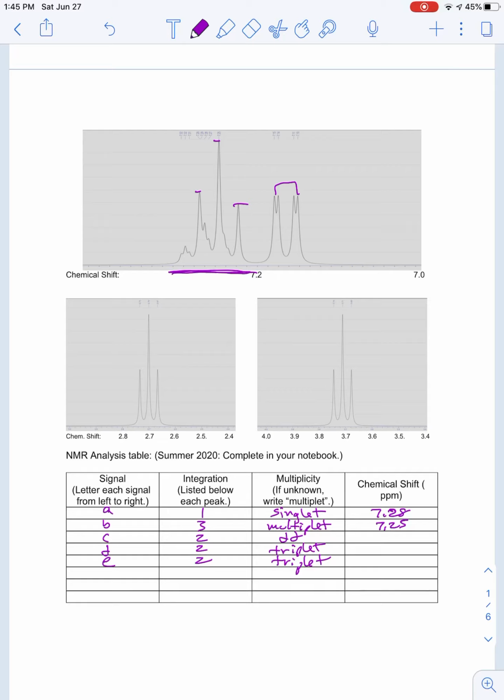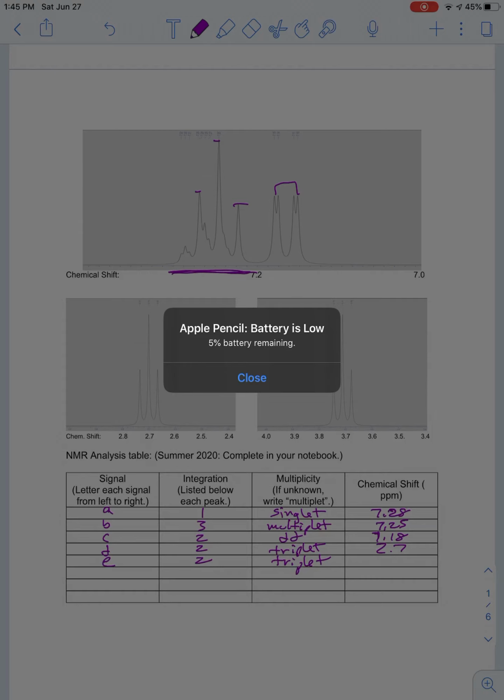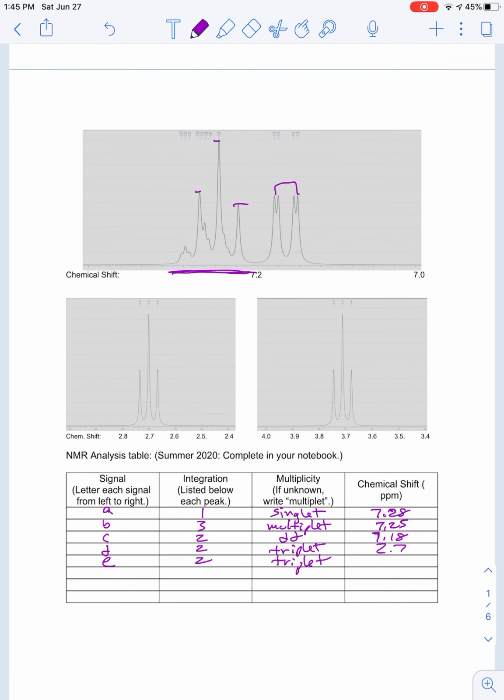Well, sometimes we do. So that's 7.18. I'm also not the best at writing with an Apple Pencil on an iPad. Whenever you're writing these chemical shifts down, they don't need to be exact. If you put them out of order, I also don't care.